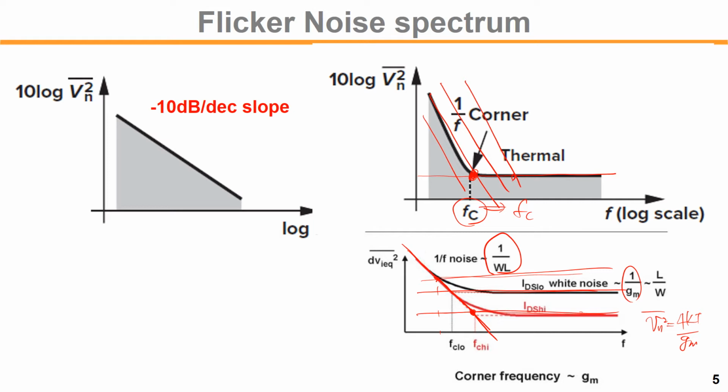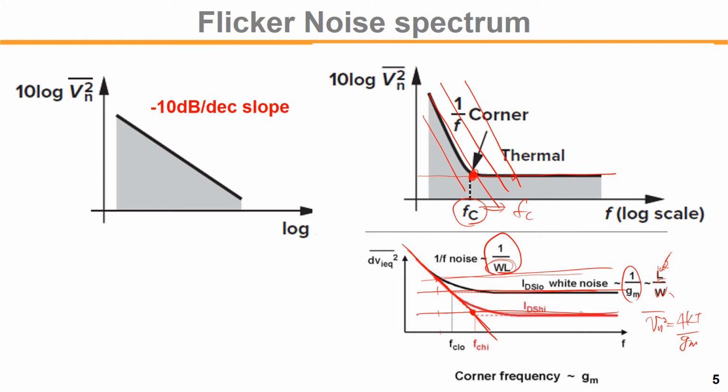So this is approximately proportional to L over W. If you have a smaller L and a large W, you get lower noise typically. So to reduce both flicker noise and white noise, first make a large area, and then try to use small L and large W, right? In that way we can maximize gm.